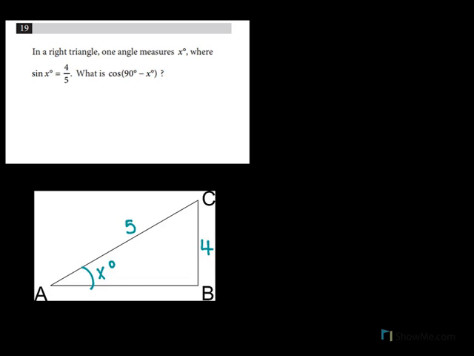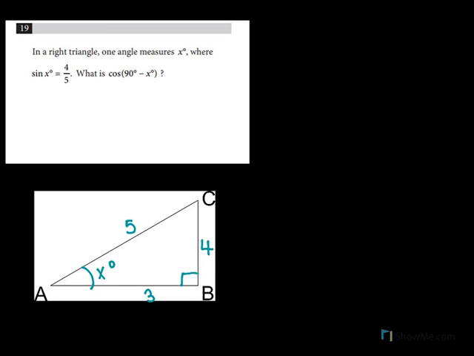So that's where we're placing our numbers, and this is unnecessary, but we know this is a Pythagorean triple, so our other side would be 3. Sorry, this is totally not drawn to scale. It would be better if the 3 and 4 switched places, but for now we'll leave it like this.